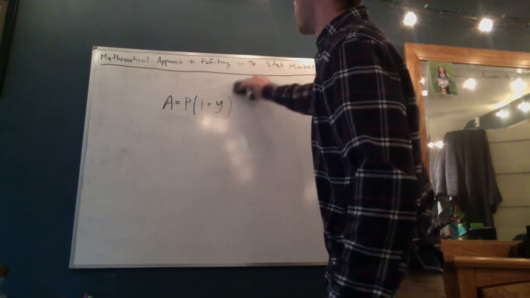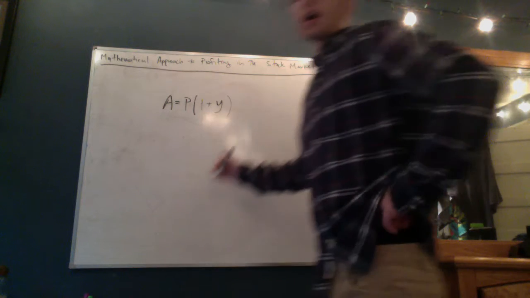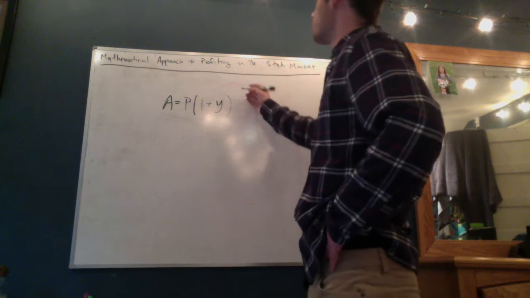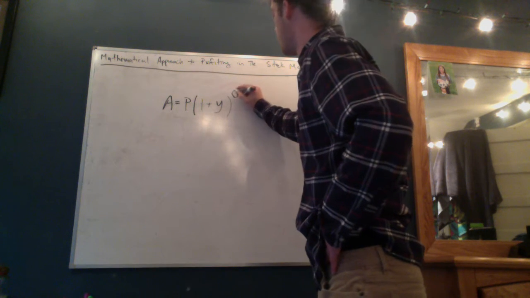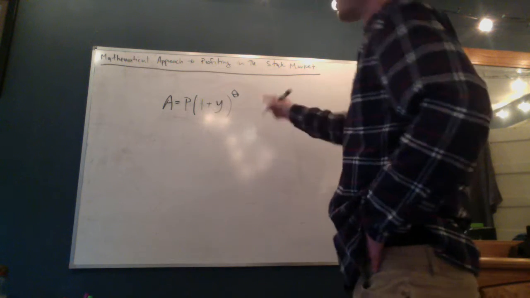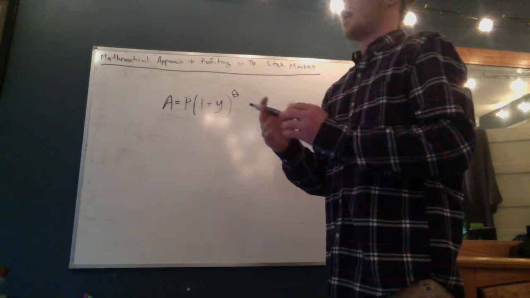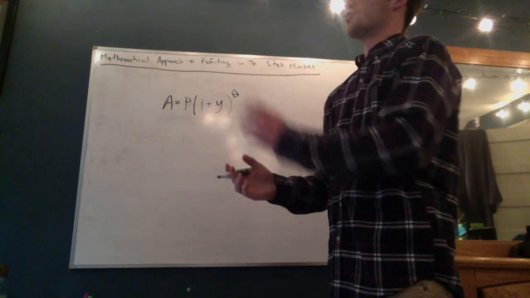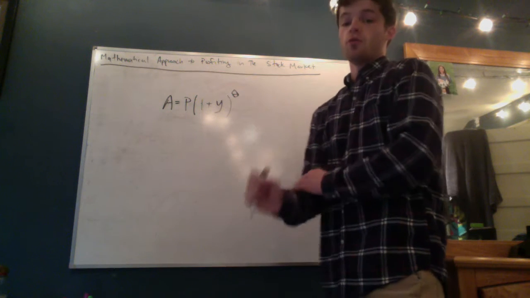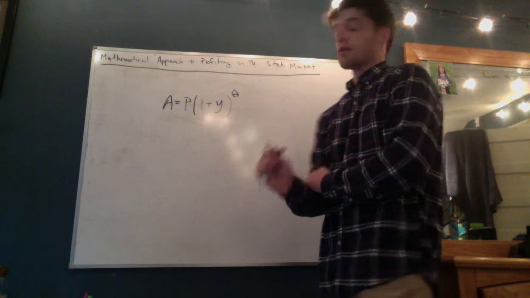And instead of the number of times years, we're just going to do theta. Theta is going to be the number of times that you buy and then sell a stock. So the buying and the selling of a stock will count as one trade.